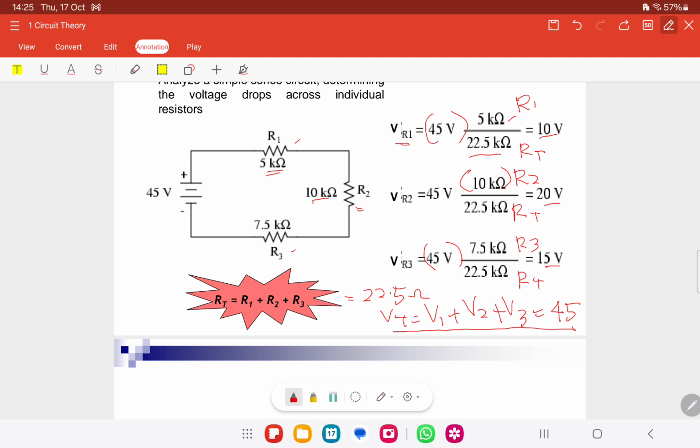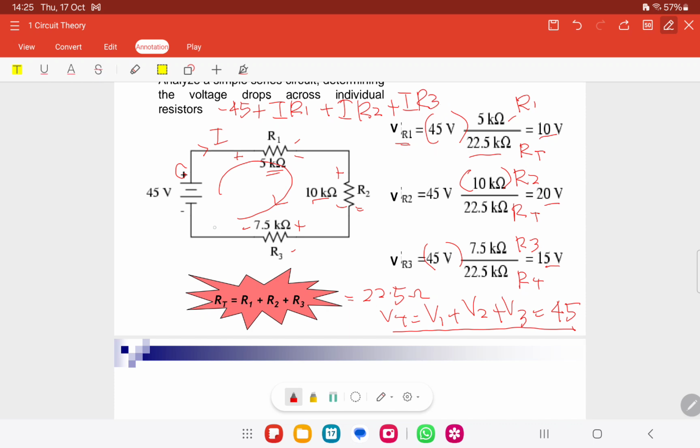Okay, now we want to apply KVL. If we do KVL in here, how? Minus 45 plus, let's say this is I, I R1 plus, like I have mentioned before, this one is positive, so here we consider as negative. So it passes I R1 plus I R2 plus I R3.